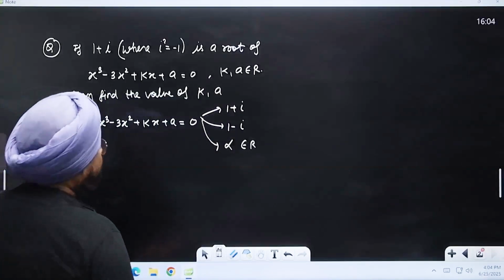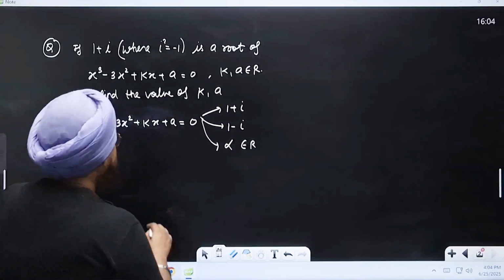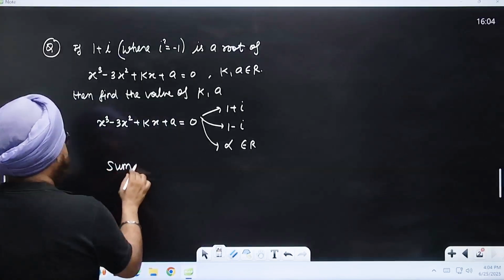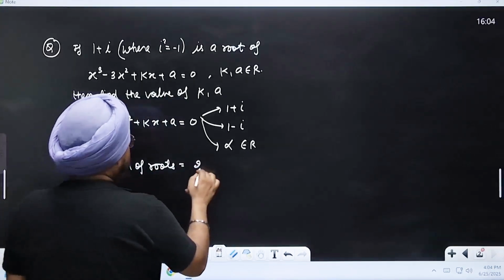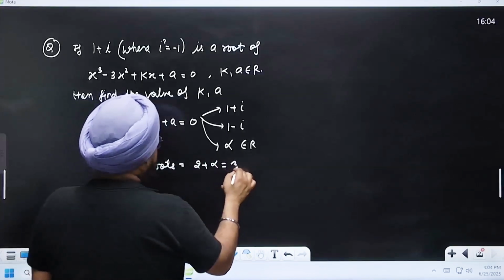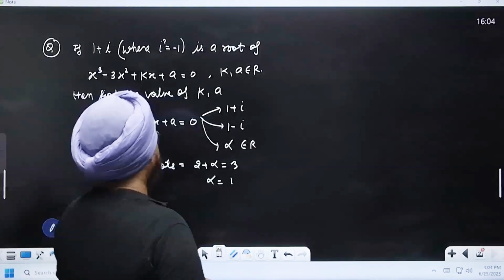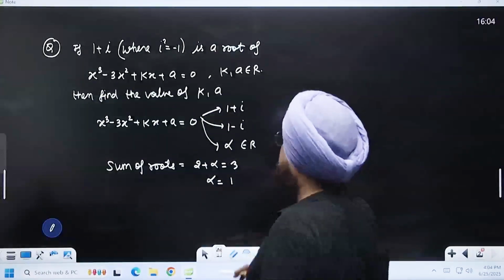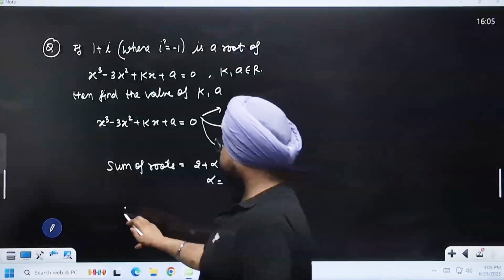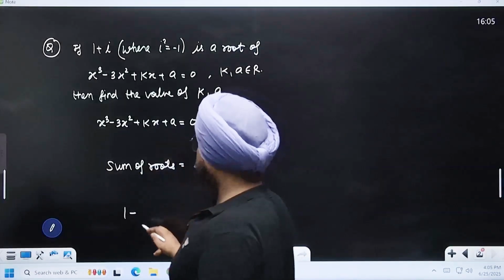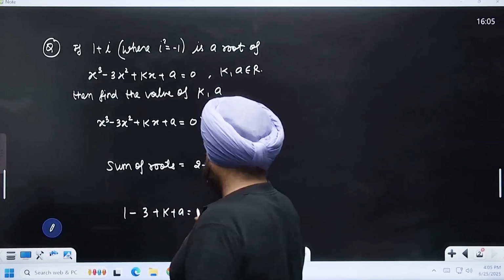Now we can apply the relation between roots and coefficients. Sum of roots is 1 plus i plus 1 minus i plus alpha, which is equal to 2 plus alpha, which is equal to 3. So alpha is 1; one of the roots is 1.